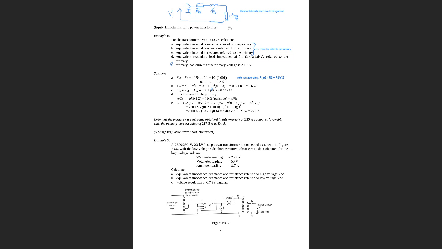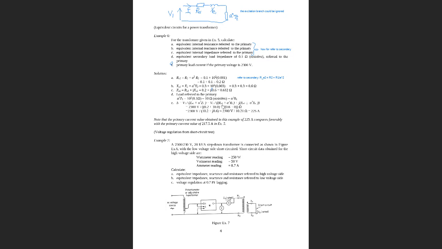Straightforward, simple, right? So the primary input current is the primary input voltage over the total impedance referred to primary, which once again involves both the internal impedance of the transformer, here represented by Z E1, and the secondary load impedance referred to primary, which here is A squared Z L. In parts A, B, C and D, we already found the values of Z E1 and A squared Z L. We just need to plug them in.